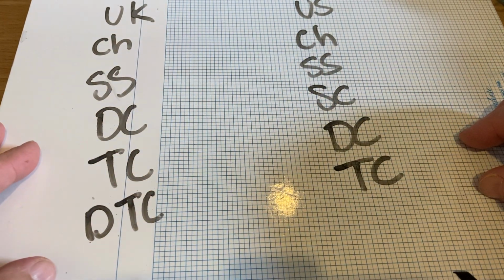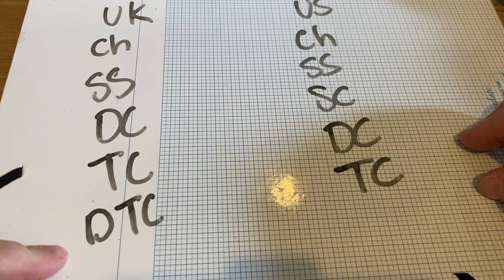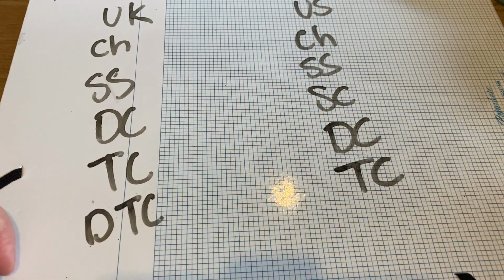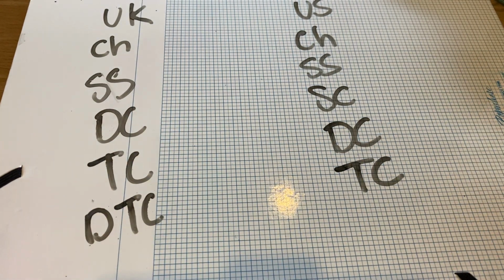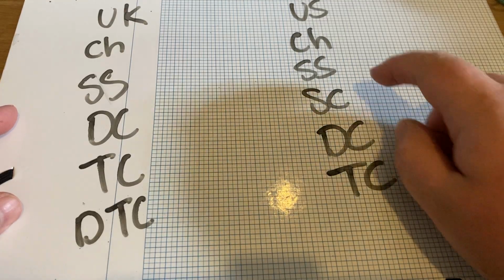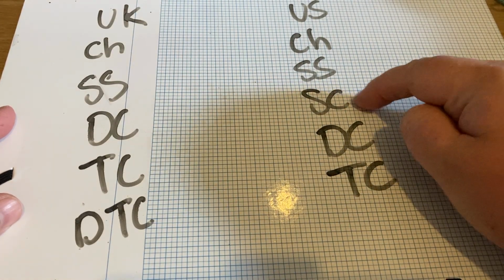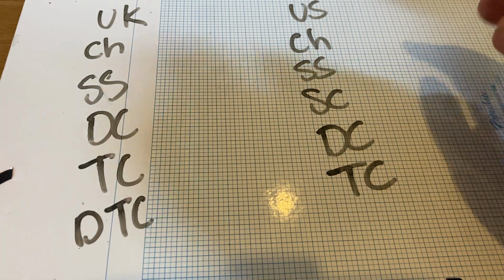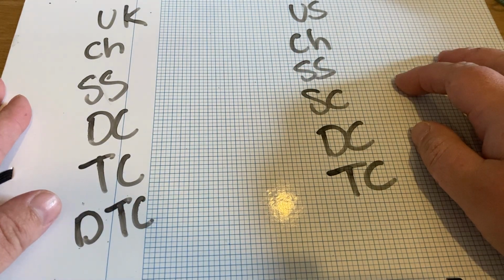You can usually tell because US patterns don't talk about double treble crochets. They talk about single crochet, which doesn't exist in the UK, so it's always a bit of a guessing game, but never mind.